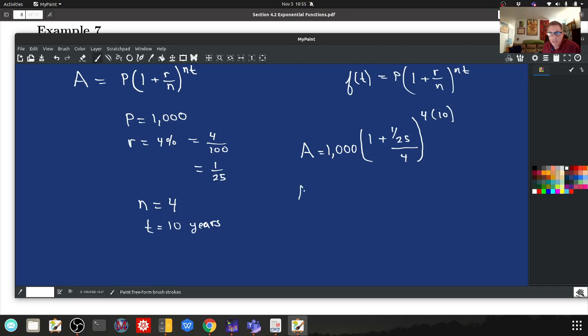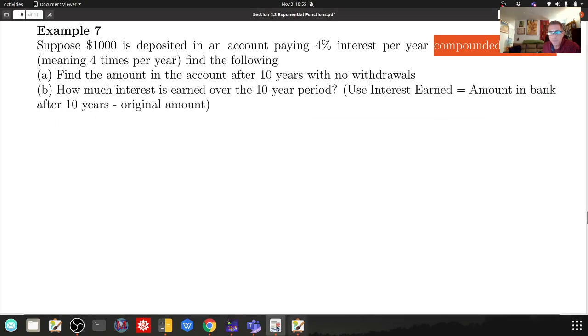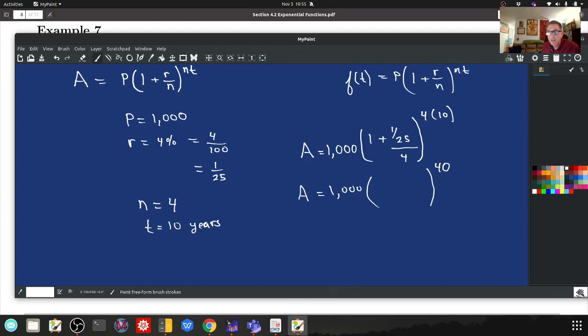So let's go ahead and simplify this. We're going to use PEMDAS, and PEMDAS insists that we find out what is in parentheses first. Clearly my exponent is going to be 4 times 10, which is 40. So we have to figure out what is 1 plus 1 over 25 divided by 4.